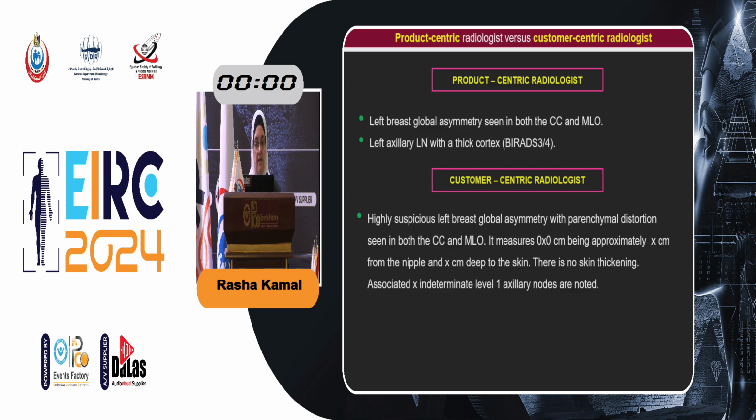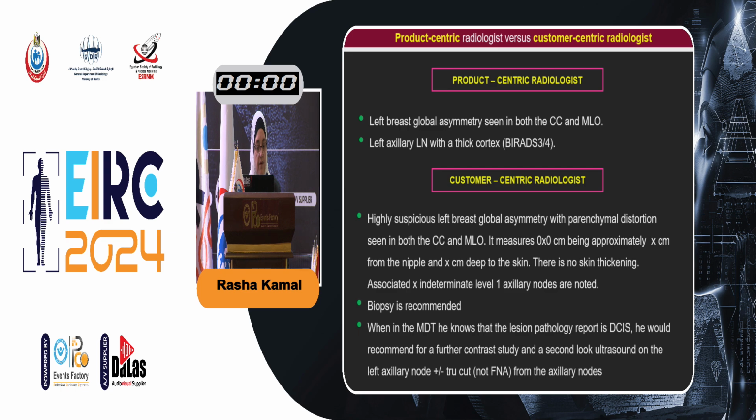And we should mention that there is no skin thickening, and there are associated indeterminate level 1 axillary lymph nodes. When we see the lymph nodes, we should specify the number and the level of these axillary nodes, and we would recommend a biopsy from these nodes.